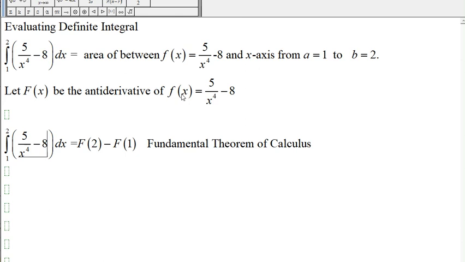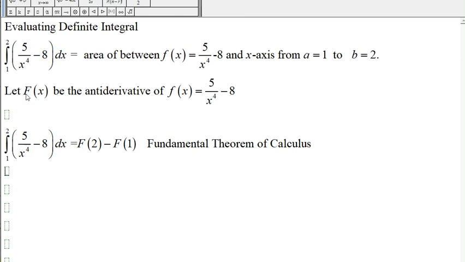Be the antiderivative of the function 5 divided by x to the 4th minus 8. And so once again, the definite integral is equal to the antiderivative evaluated at 2 minus the antiderivative evaluated at 1. And that's by the fundamental theorem of calculus.